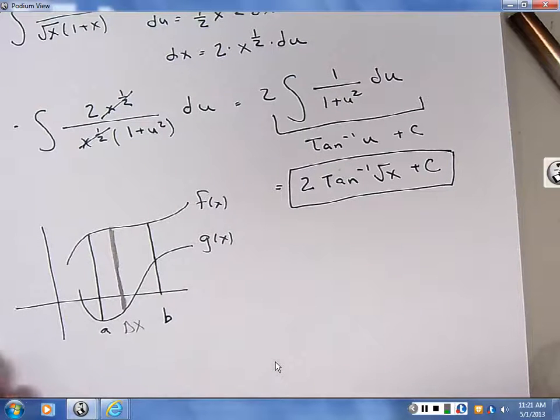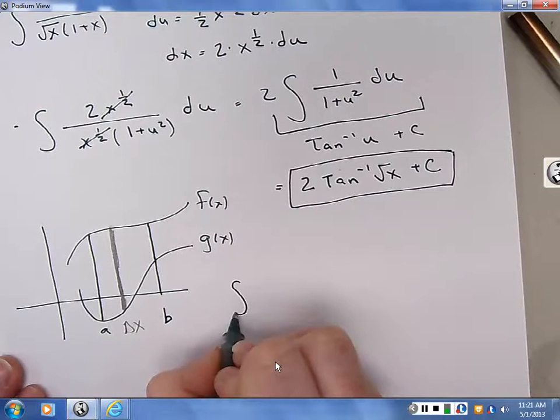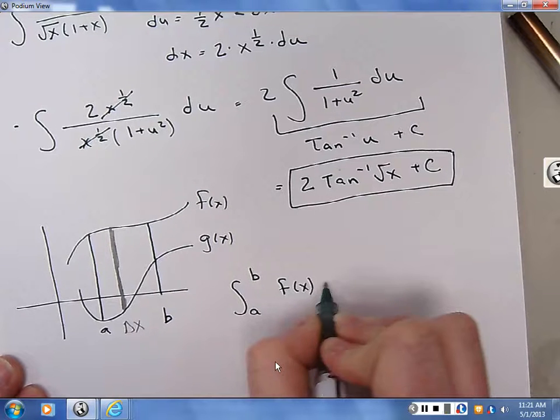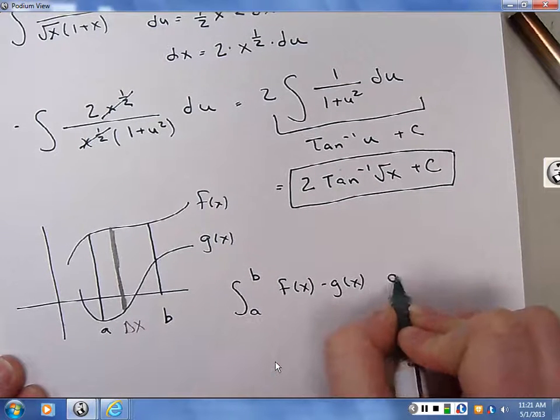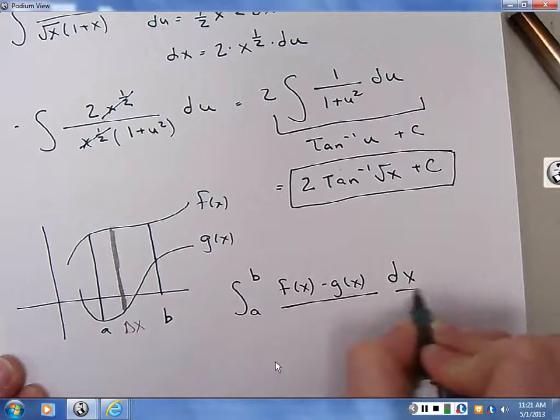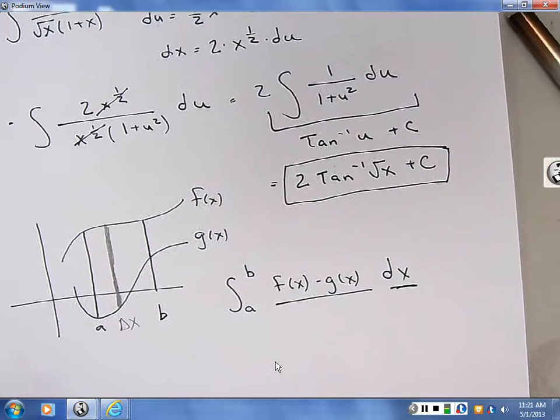So if I take the integral from a to b of f of x minus g of x dx, this is the height times the length. That gives me area, right? If I take a height times the width, that gives me area. So I'm adding up all these heights, summing that from a to b, and that's going to give me area, right? Do you guys understand that concept?